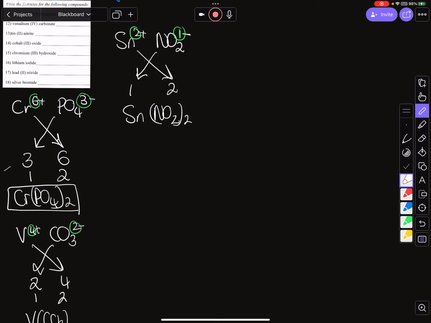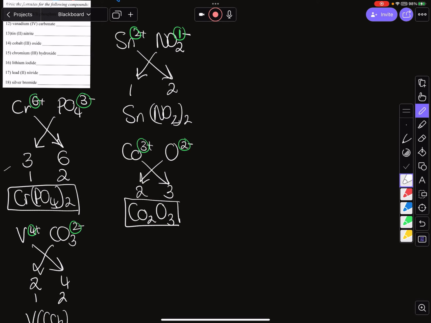Number 14, which is cobalt(III) according to the Roman numerals, so that's going to be a 3+. Oxygen is just a group 6, so we know if you live in group 6, you have a 2- charge. Our drop down is going to be the 2 here and the 3 here. Can't make those numbers any simpler, so we have Co2O3 as our formula here. 15 tells us this is chromium, and it has a 3+ charge according to the Roman numeral.